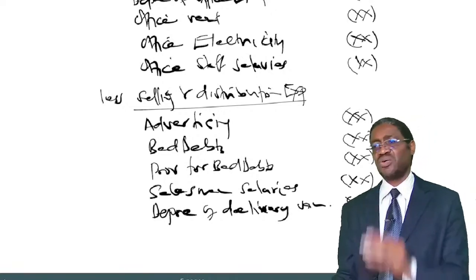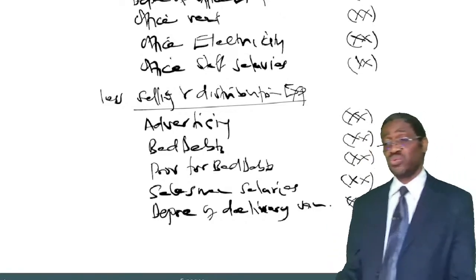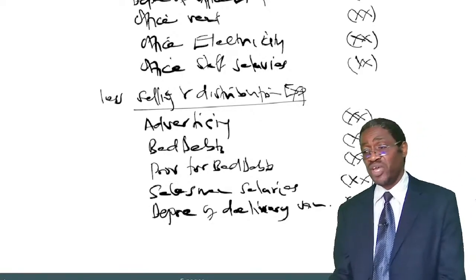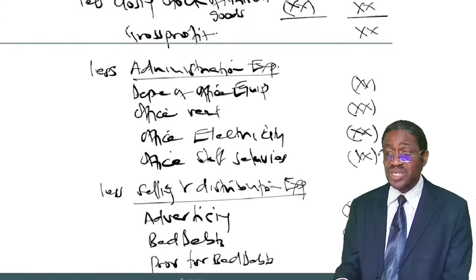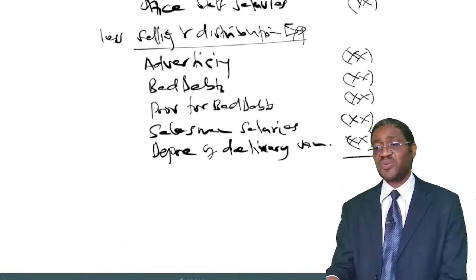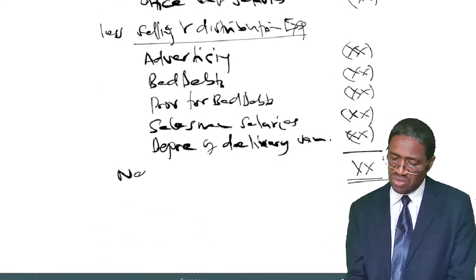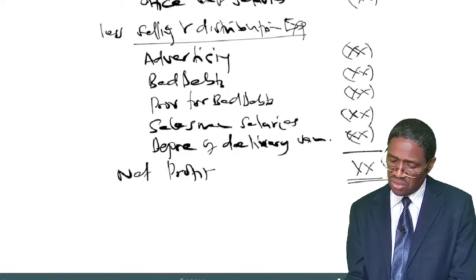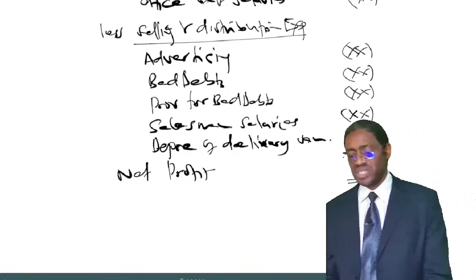Whatever it is. Good. Assuming those are the only expenses relating to selling and distribution, now get the net of all of them. That means from the GP minus all these expenses, get what we call the net profit. Okay? That's what we are saying.